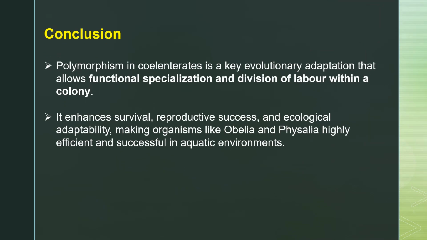So to conclude, polymorphism in coelenterates is a key evolutionary adaptation that allows functional specialization and division of labor within a colony. It enhances survival, reproductive success, and ecological adaptability, making organisms like Obelia and Physalia highly efficient and successful in aquatic environments.